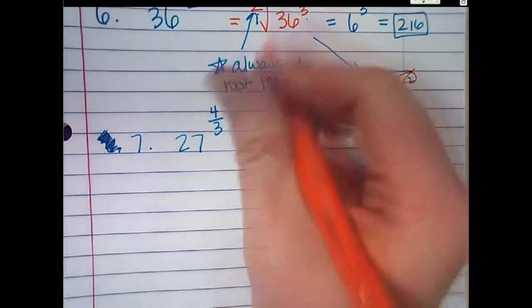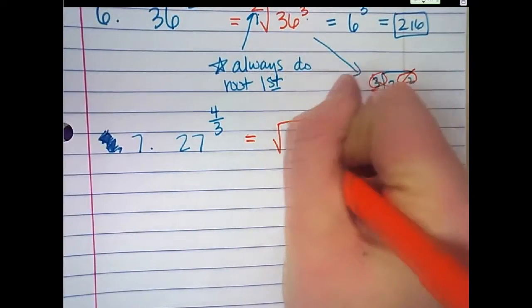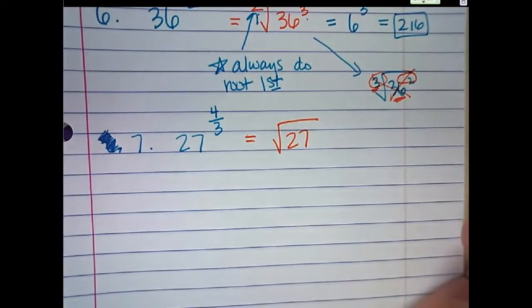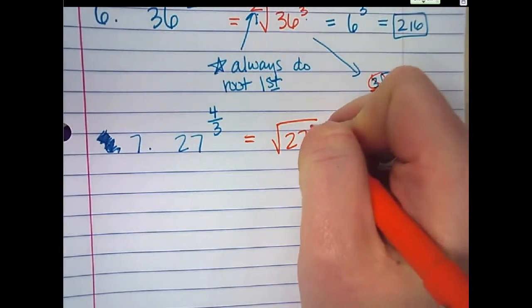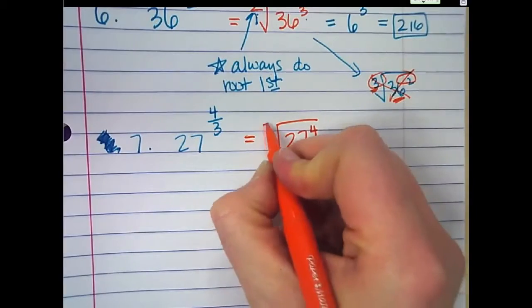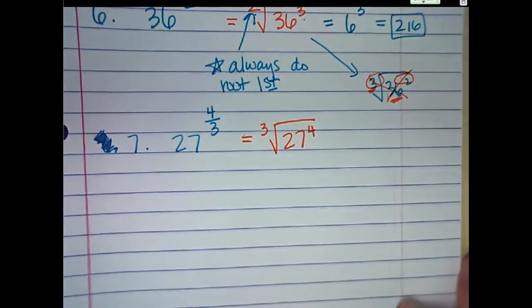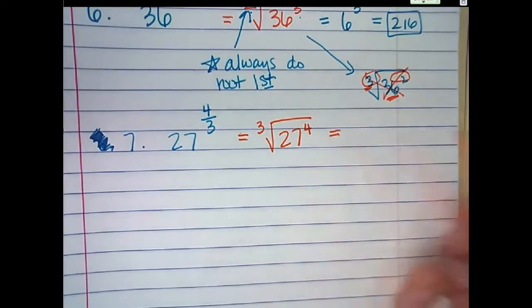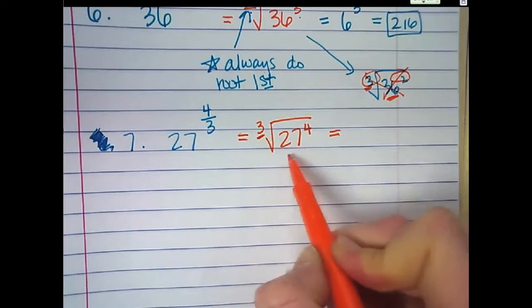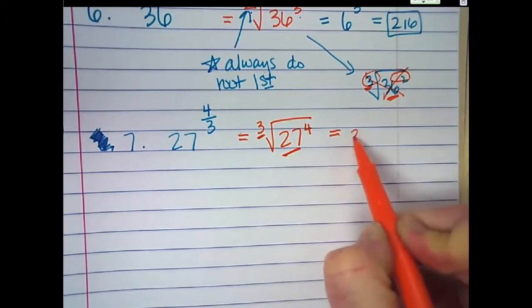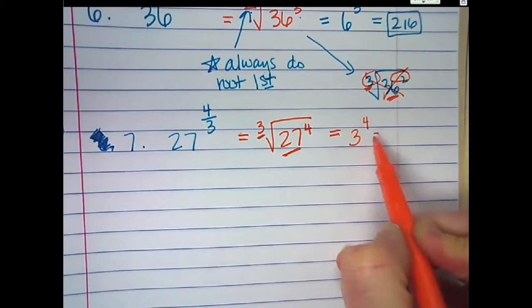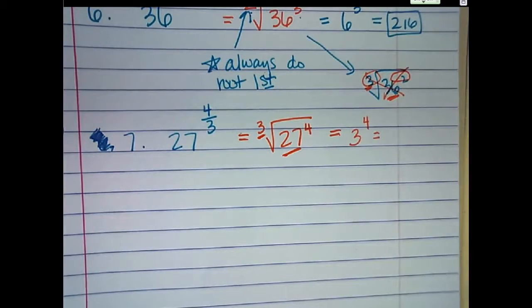Okay, so let's rewrite it. Put 27 on the inside. What's my power? 4. What's my root? 3. What's the cube root of 27? 3. So then I have 3 to the 4th. 81.